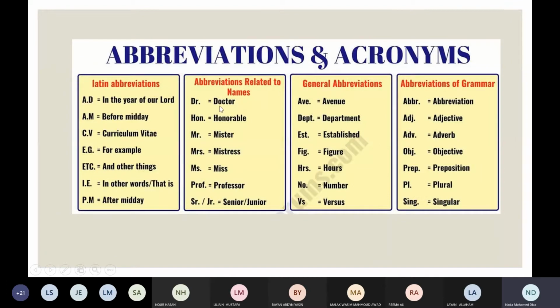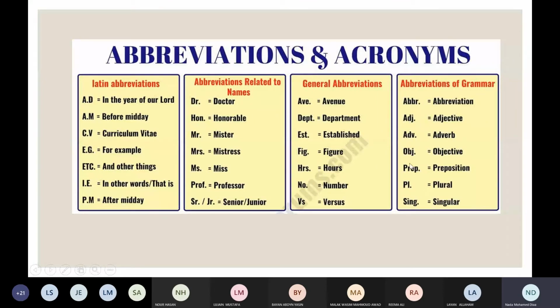Dr., doctor; honorable Mr., Mrs., Mistress, Miss; prof., professor; senior, junior, avenue, department, established, figure, hours, number, versus, there is a dot here.